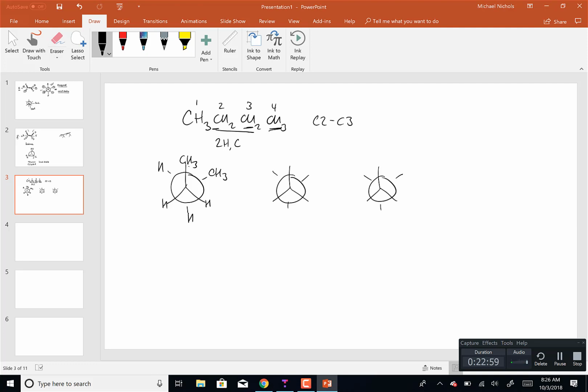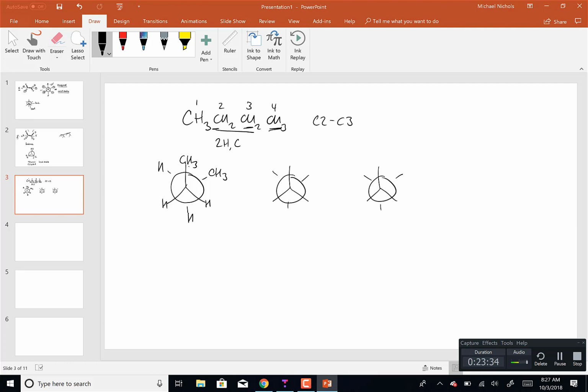So the first thing you've got to be able to do is draw the correct Newman projection. You have to get comfortable with, okay, the back carbon has 2 H's and a methyl, the front carbon 2 H's and a methyl. So now what am I going to do? To generate the 3 possible structures, I'm going to need to hold one carbon constant and rotate the other carbon.